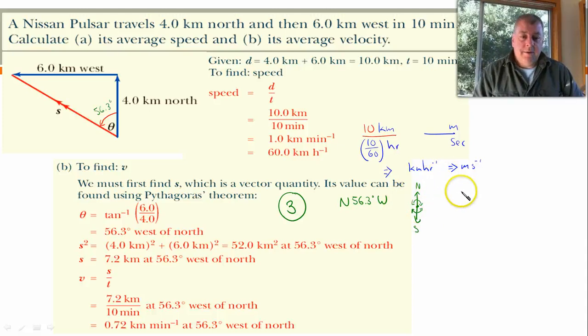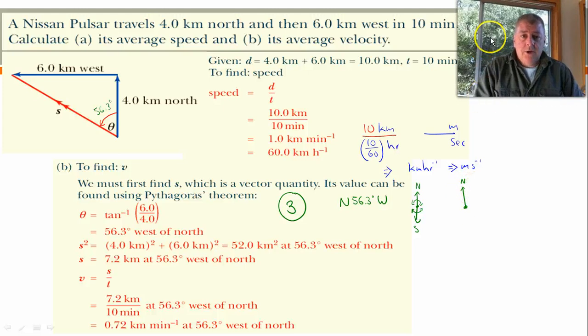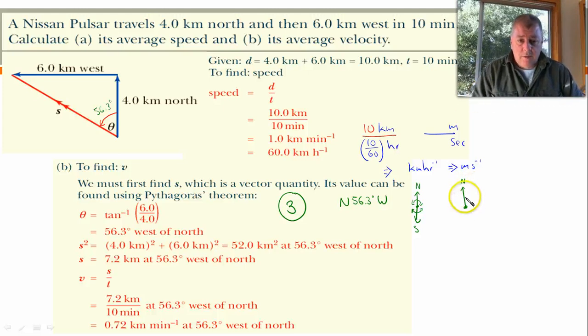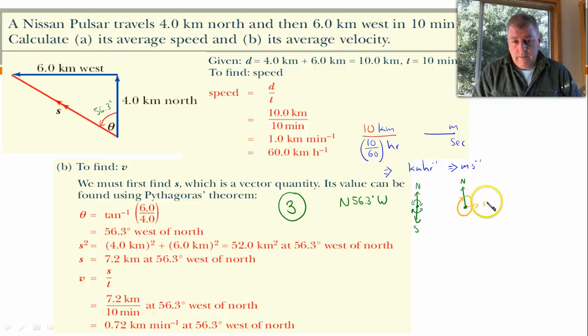The other way of giving a bearing is to have a north there. We have 360 degrees moving in a clockwise way, and it's a 3-digit bearing.